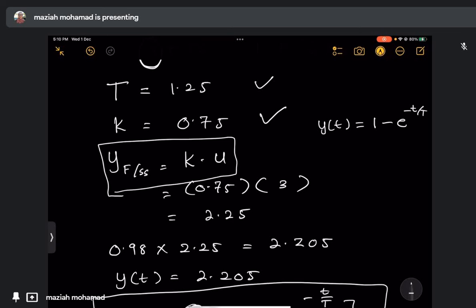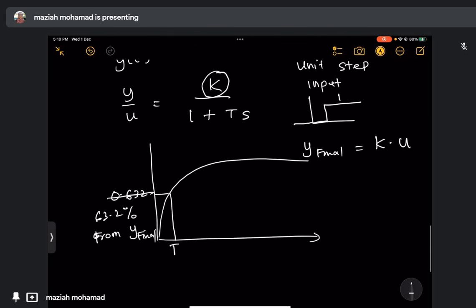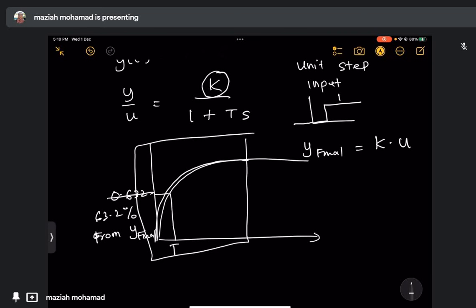It means when it has reached steady state, it is stable at one final value, and that final value is K multiply with U. Whereas for first order, there should be a delay. That delay is actually this part here. Then this is transient response. This side is steady state response.